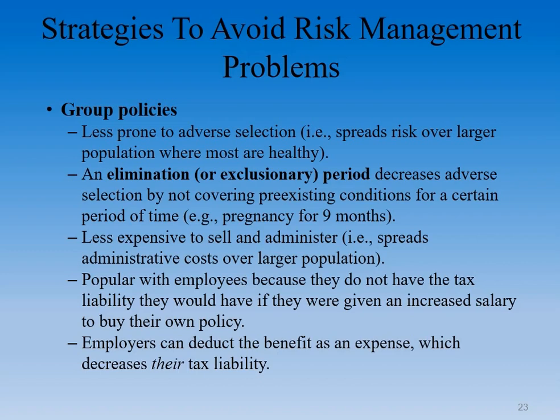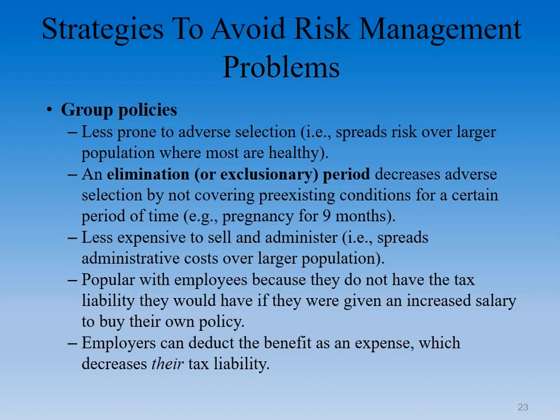Group policies are popular with employees because they do not have the tax liability they would have if they were given an increased salary to buy their own policy. Employers can deduct the benefit as an expense, which decreases their tax liability. So that bullet at the end is very important. People wonder why employers provide the health insurance.